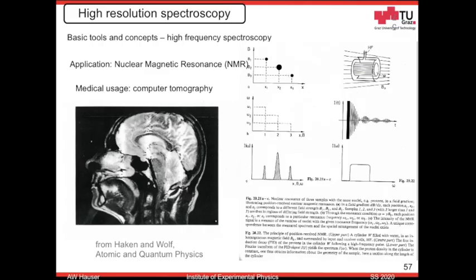Therefore, the splitting for the spin flip will be different, and so you can distinguish also with respect to the actual position of the molecule in space, and you can get to a resolution that is fine enough so that you can distinguish certain types of tissue in the human body, for example, because H atoms in bone structure are typically in a different local environment compared to H atoms in fat, for example, right?